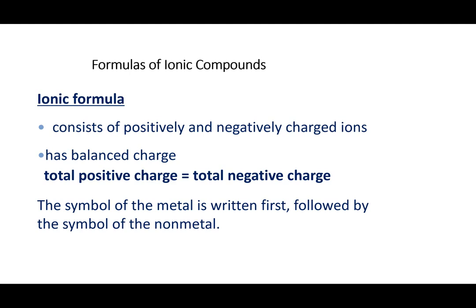It has to be electrically neutral. And lastly, the symbol of the metal is always written first. The symbol of the nonmetal is always written second. Looking at the periodic table, that makes sense because our metals are found on the left, nonmetals are found on the right, and we typically read left to right anyway.